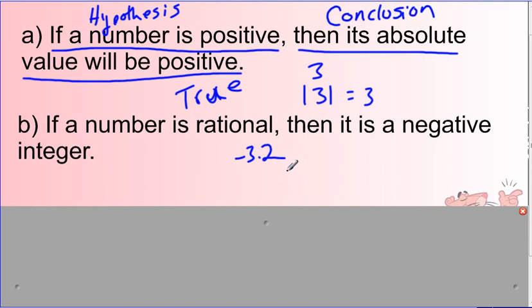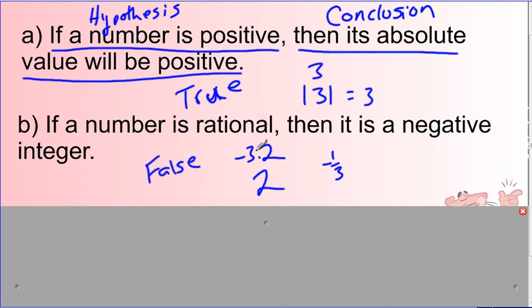No, because this has a decimal in it. That's not allowed. I could also have a positive rational number, 2. That's not a negative integer. I could have a fraction, negative 1/3. That is not an integer. So this guy, I can come up with all kinds of examples where this is not true, which makes it false.